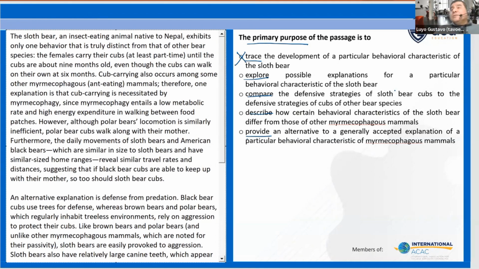What about the second? Here it says explore possible explanations for a particular behavioral characteristic of the sloth bear. Again, it matches the first option in mentioning the particular behavioral characteristic, but then uses another verb that is more fit for the passage. Explore explanations.